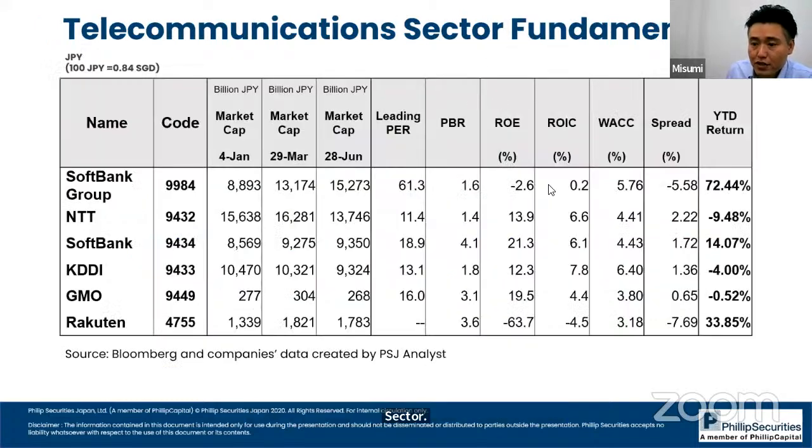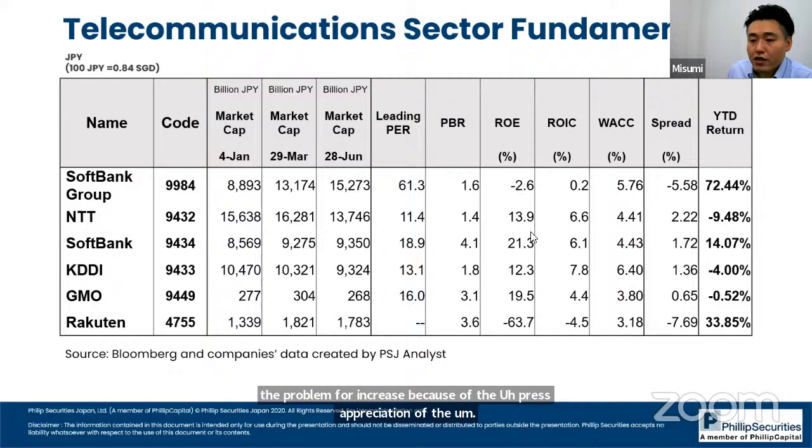The sector fundamentals are like this. SoftBank Group has a negative ROE because of the loss on its investments, and its net income was also negative, but the provision increased because of the price appreciation of Arm in the UK.